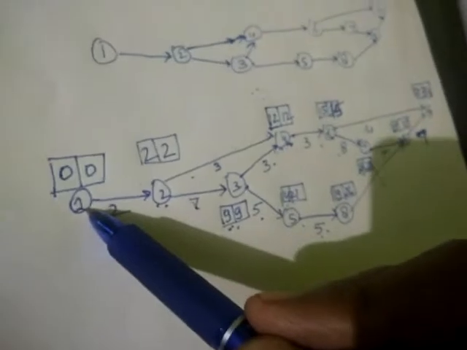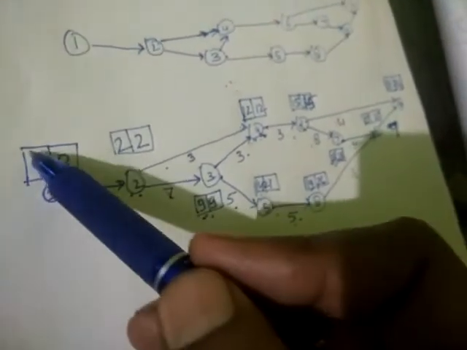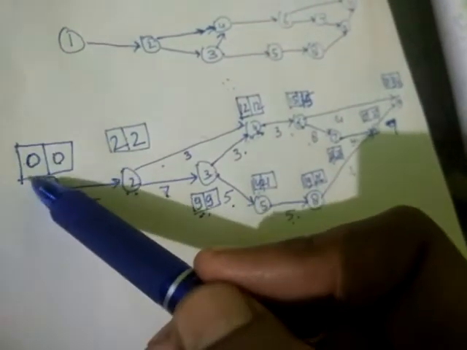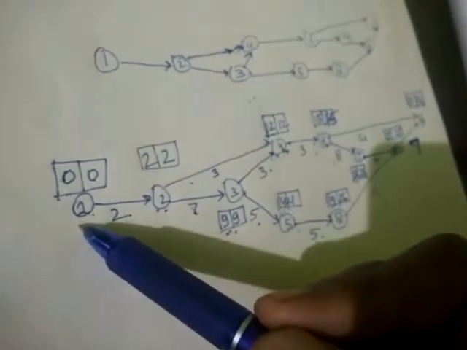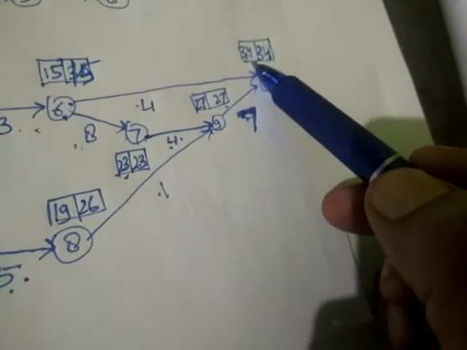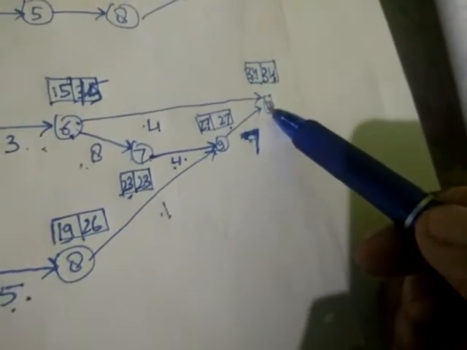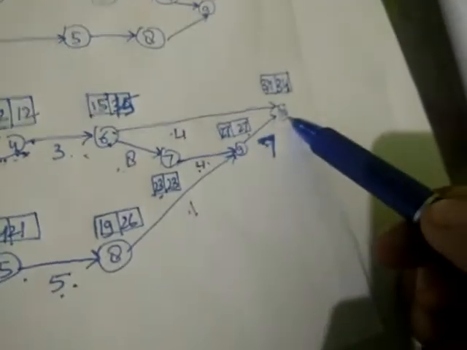So the first thing is that if you calculate all the latest times by backward pass method, whenever you reach the first event you will definitely get 0, because the earliest start time and latest start time of the first event will be the same. The same way, the earliest finish time and latest finish time of the final activity will be the same.